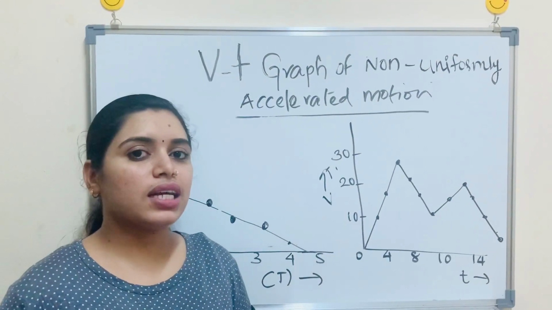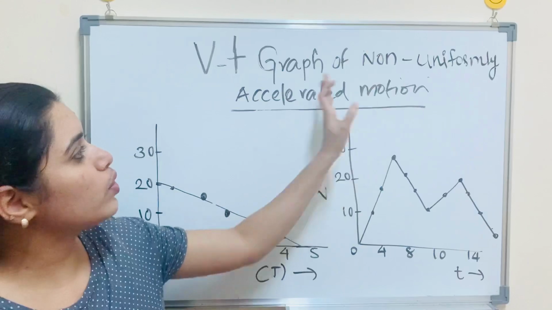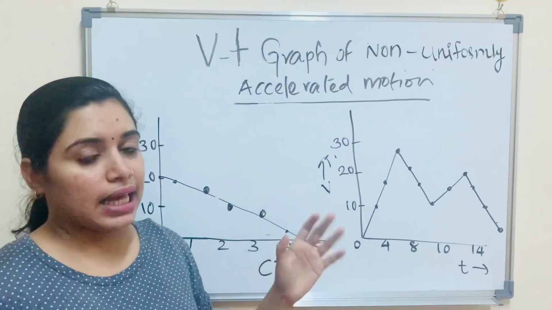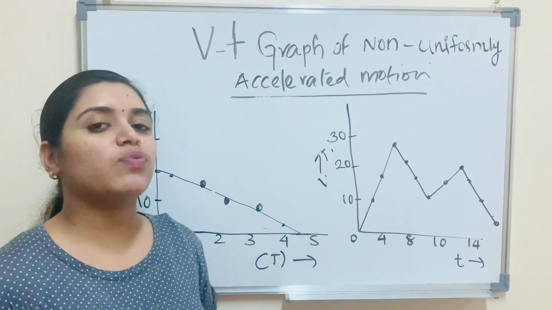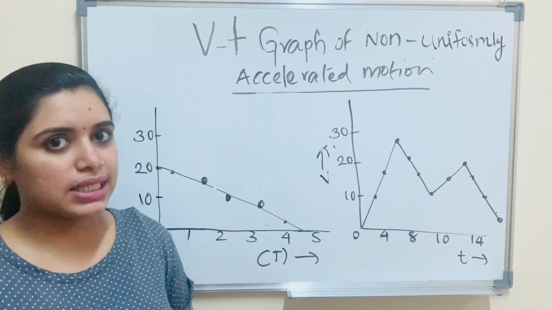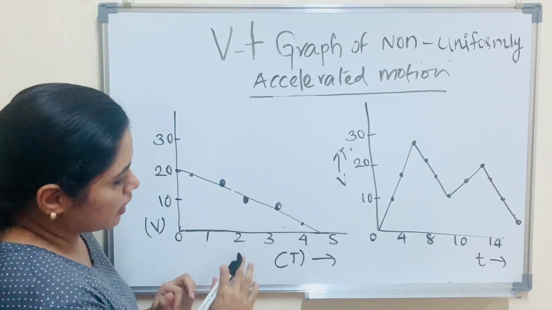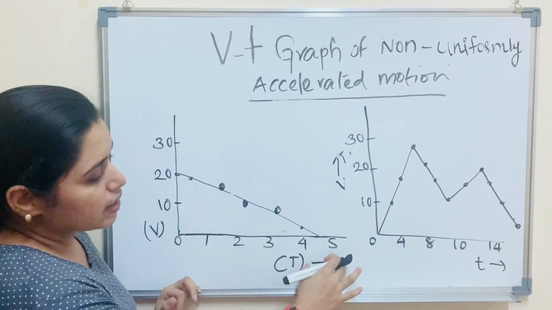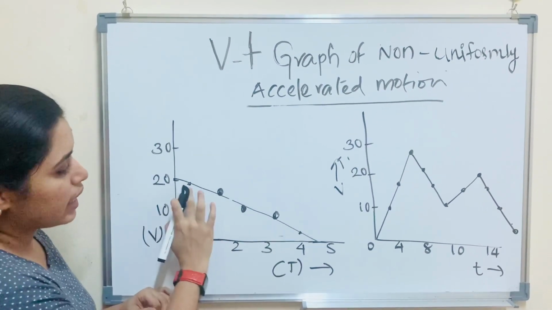Now we can check what will be the shape of the velocity time graph for non-uniformly accelerated motion. That is, if an object is moving with a non-uniform acceleration, then what will be the shape of its velocity time graph? Here also, see this first figure. Here we plotted time on the x-axis and velocity on the y-axis, and the shape of the graph will be like this.